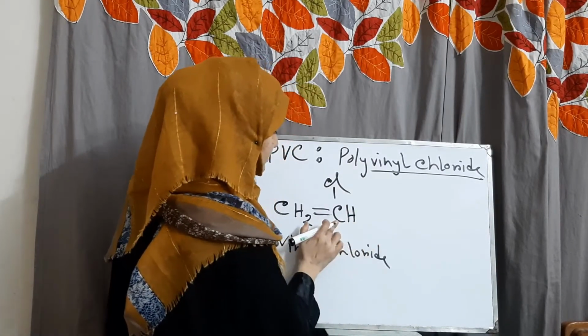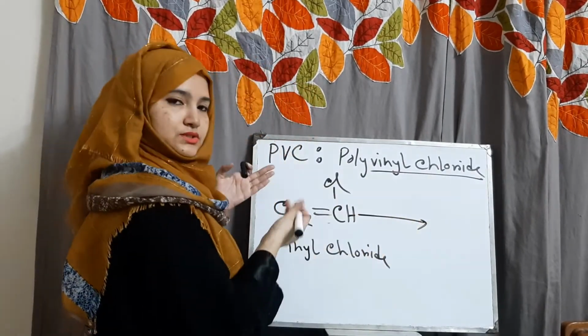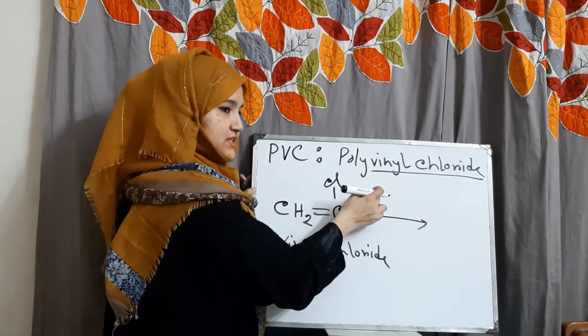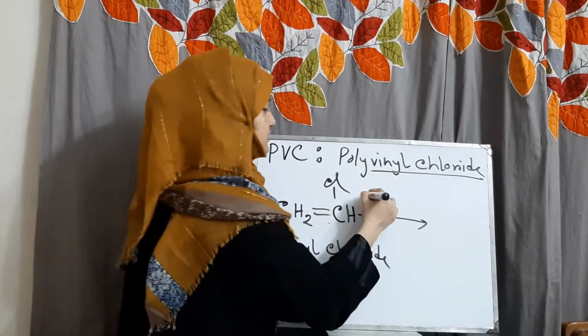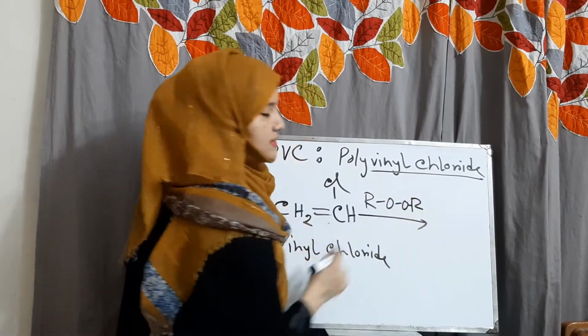hydrogen. Okay. Then polymerization. For this also the condition is high temperature, high pressure, and here organic peroxide is the catalyst.